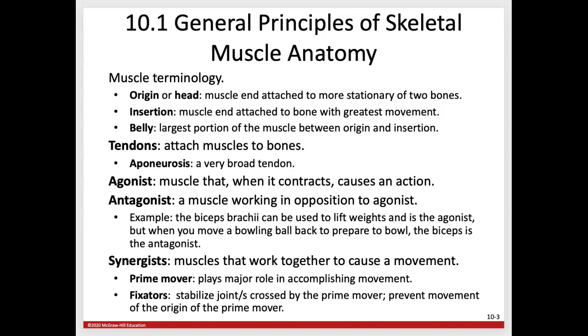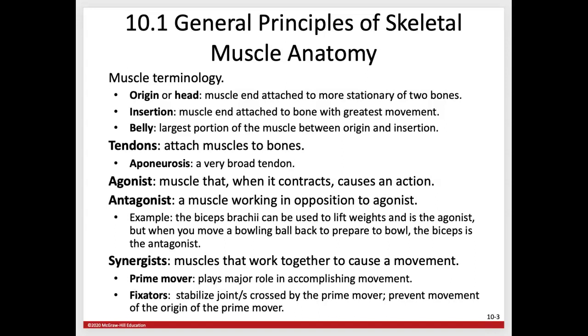So synergists, like I said, are muscles working together to cause a movement. The prime mover plays the major role, and prime mover is also known as the agonist. In some textbooks, those terms are interchangeable. The prime mover plays the major role in accomplishing a movement.